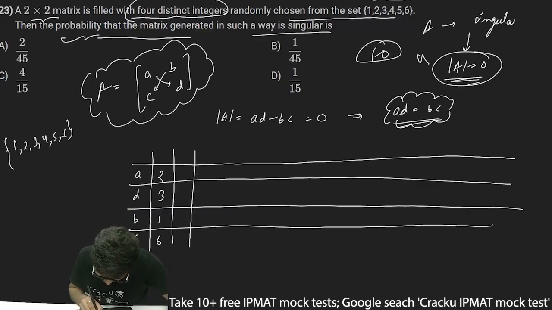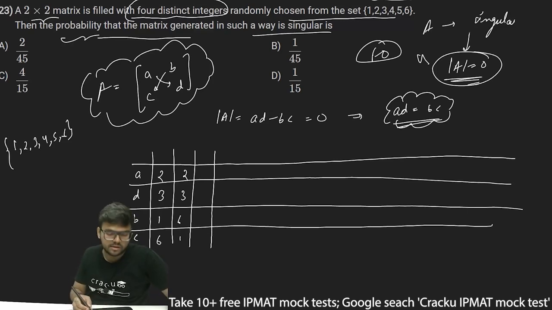Another possible case can be 2, 3. Instead of B as 1, I can take B as 6 and C as 1. So 2, 3, 6, 1 is also a possible case. Then I can also have 1 and 6 to be given to A and D, A as 1, D as 6, so 1, 6, 2 and 3.